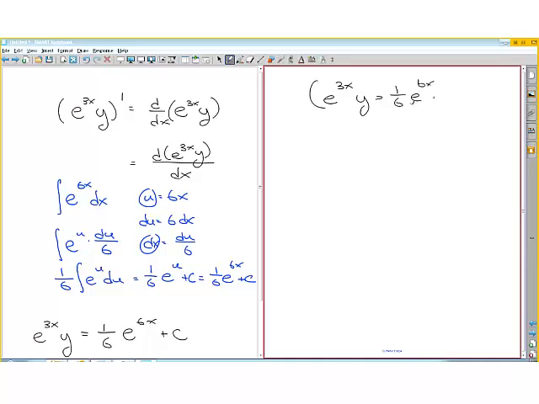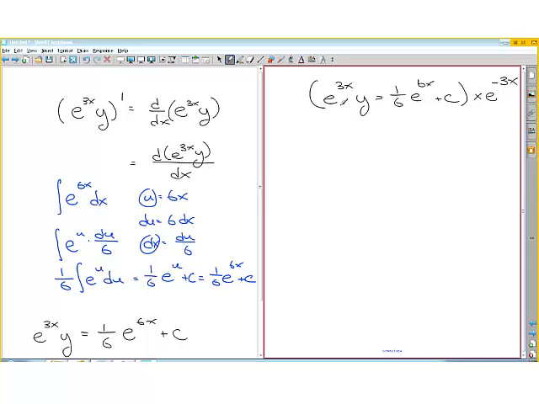So one way is to multiply by e to the minus 3x. That would be one way, because when you multiply e to the 3x times e to the minus 3x, you add the exponents, and you get e to the 0, which is 1. And then you'd end with y. That would be one way. Or we could divide by e to the 3x. So we put a big line here, do the same. So it's the same thing here, so maybe it might be easier to do that.